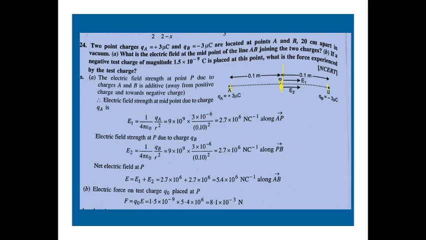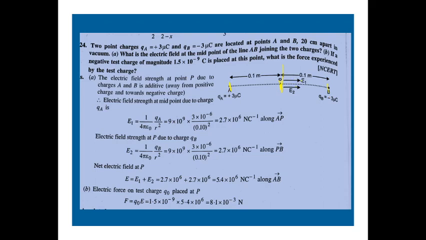The distance of this plus charge is 0.1 meter, and this is the minus 3 microcoulomb charge, also at 0.1 meter. The electric field at this point due to the negative charge, E2, is toward the charge, and the positive charge's electric field is away from it.